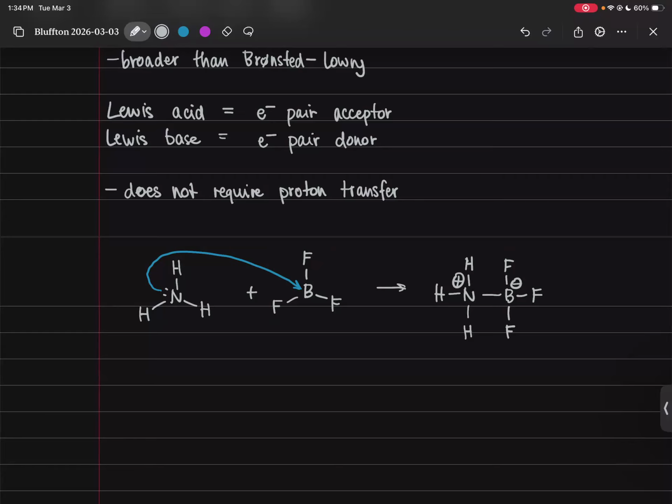Okay. Strange looking reaction. Doesn't look like it would be favorable because you're creating these two charges right next to each other. But it actually does happen. And so, BF3, you've probably never seen BF3 before, but NH3, that's ammonia. And ammonia is what, an acid or a base? Base, okay?